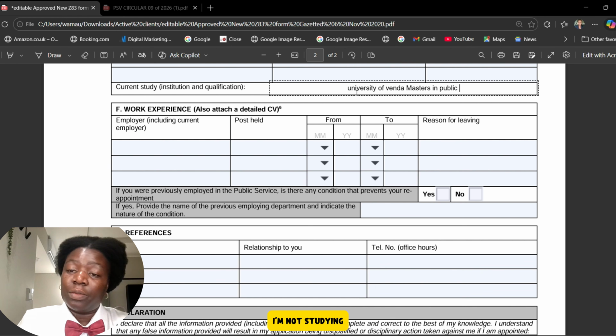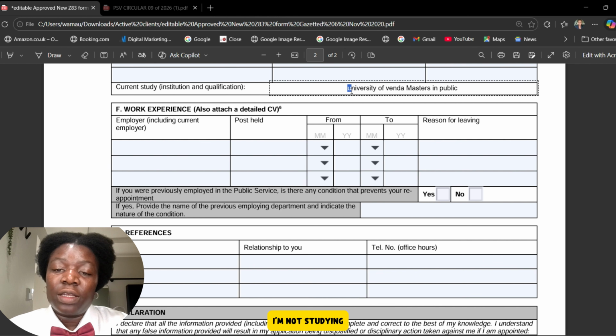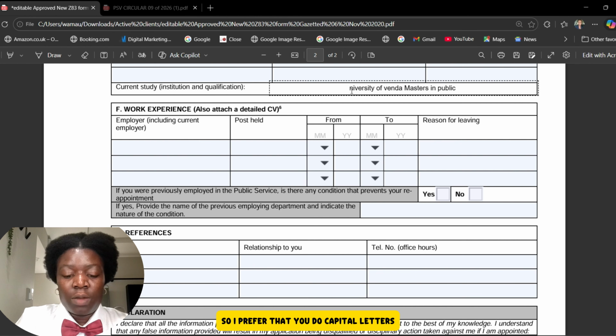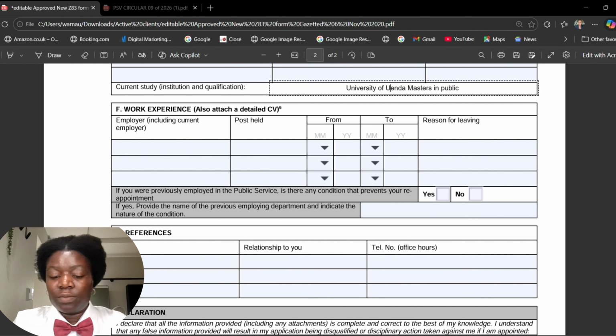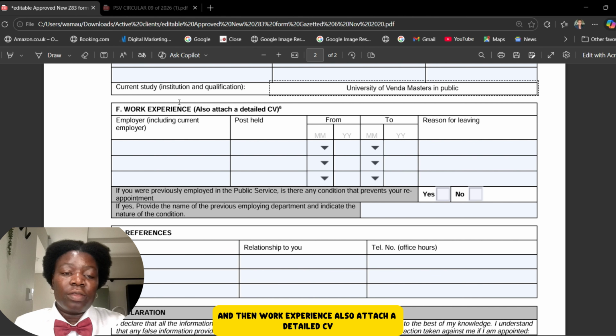I'm just giving an example. I'm not studying. I prefer that you use capital letters. It just makes things look clean. Okay, so you're gonna put it like that, and then work experience.